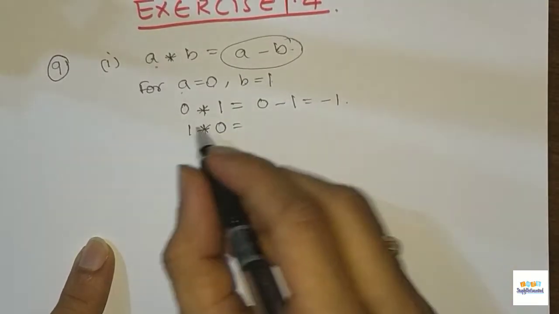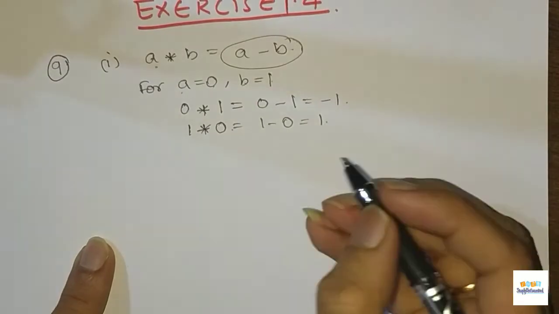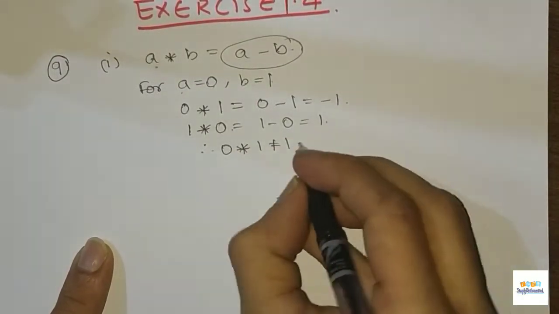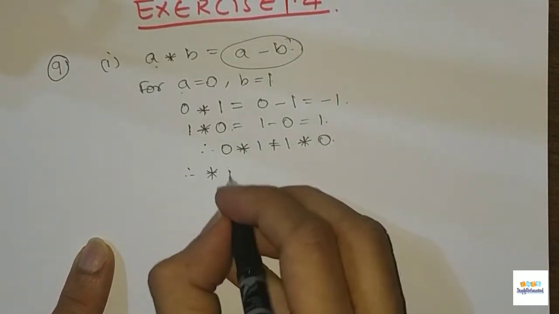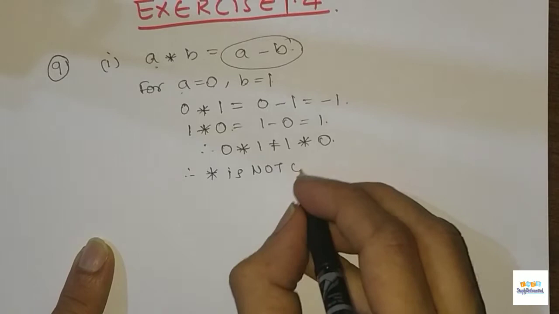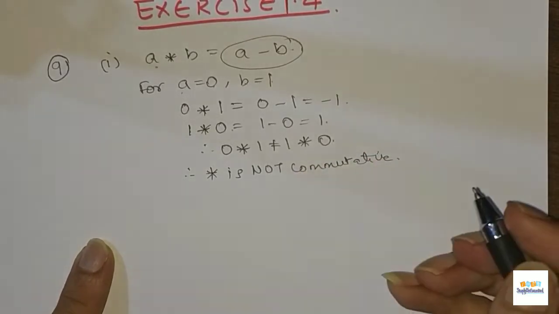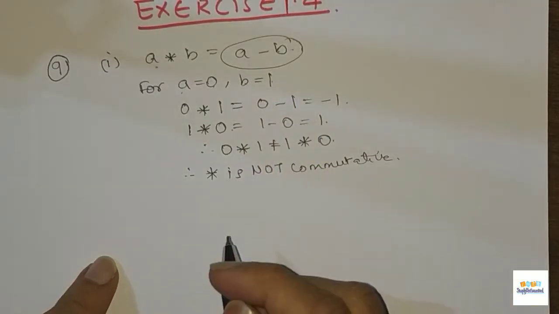That is b star a, so that will be 1 minus 0, which is 1, right? Therefore 0 star 1 is not equal to 1 star 0. So star is not commutative. So that is the answer: star is not commutative for the first operation.